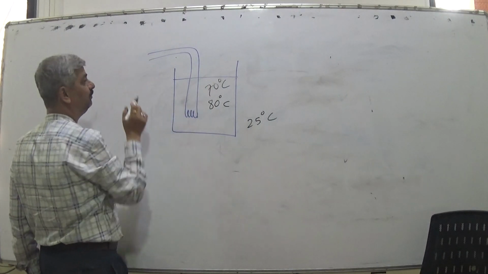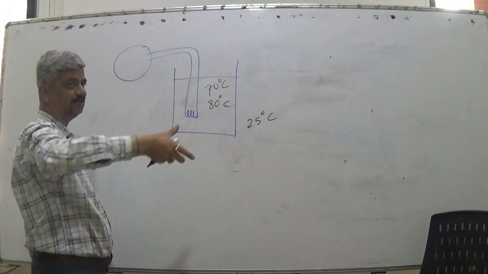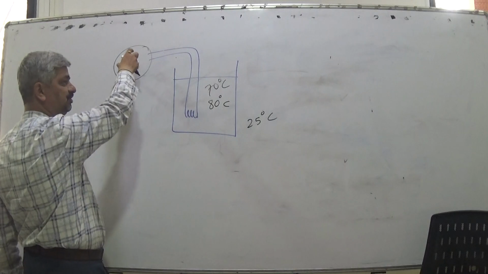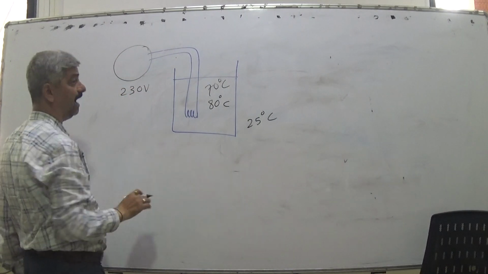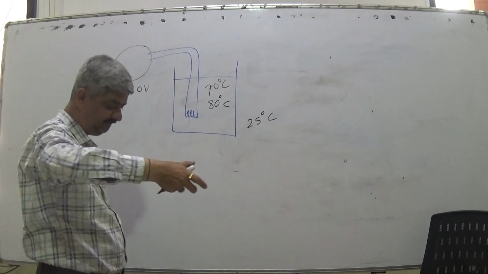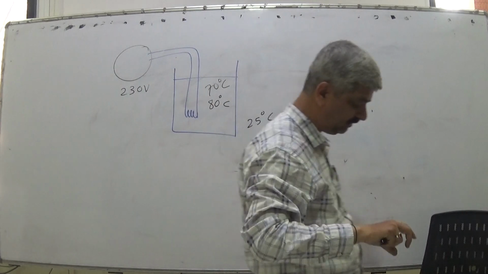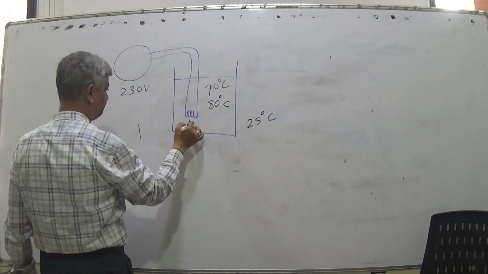So you can have a dimmerstat, a variable transformer, with a maximum of 230 volts RMS. By using a dimmerstat, you can control the voltage. When you control the voltage, the heat power is V squared by R, where R is fixed.